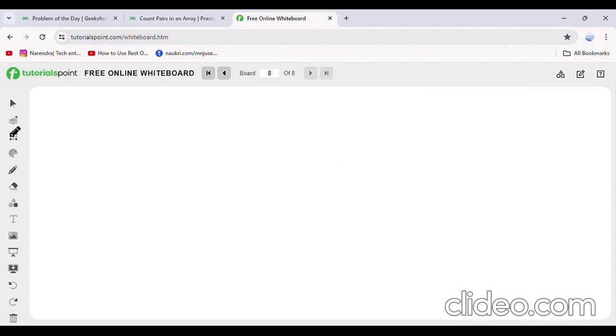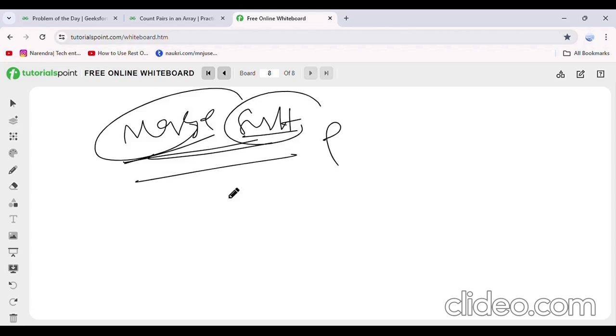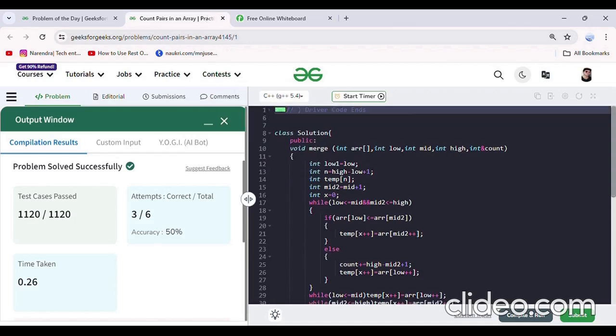Go and learn merge sort from GeeksforGeeks or any videos on YouTube, and then you can apply this algorithm easily. Merge sort is a must.